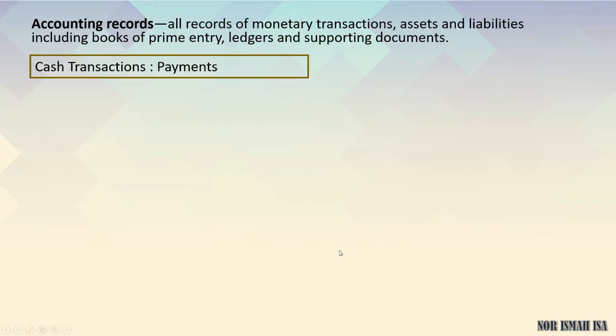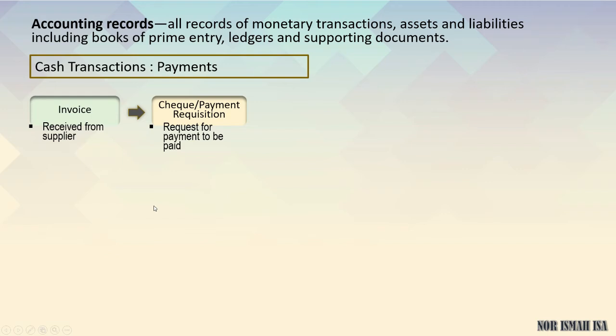For cash transactions related to payment of the invoice received from the supplier, the buyer will make a request for the payment using a check requisition or payment requisition.